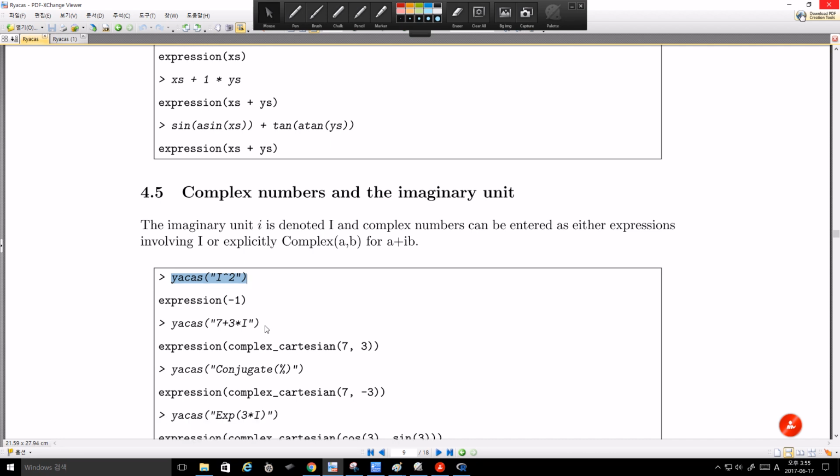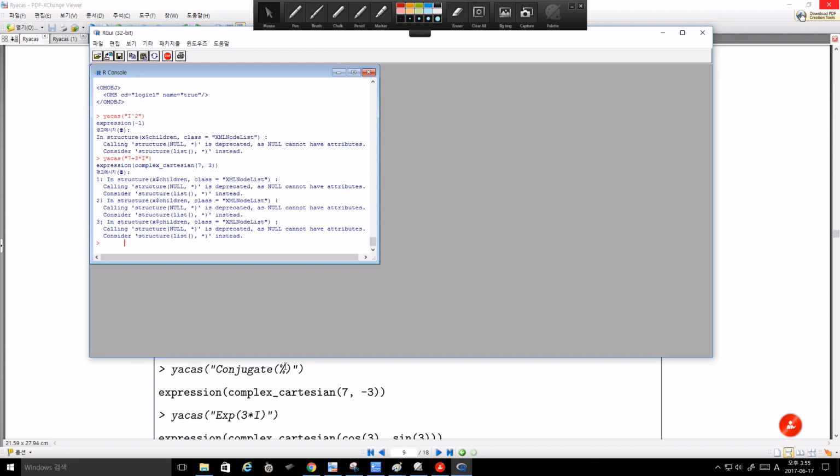And then 7 plus 3i, okay, we have a complex Cartesian form. In high school we express A plus Bi, we often express it as (A, B), right? In Cartesian space. That's what it does.